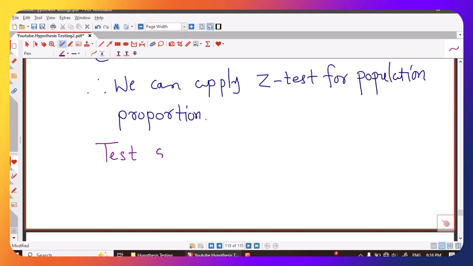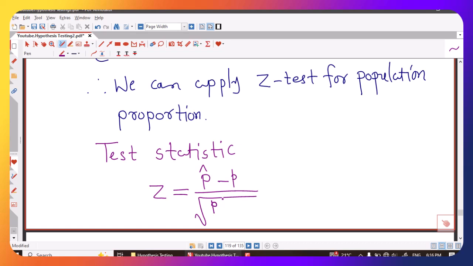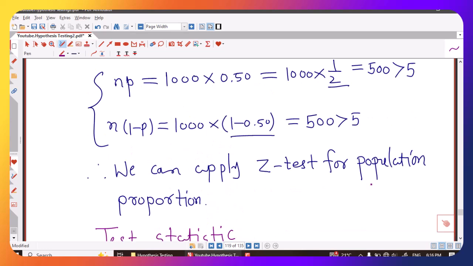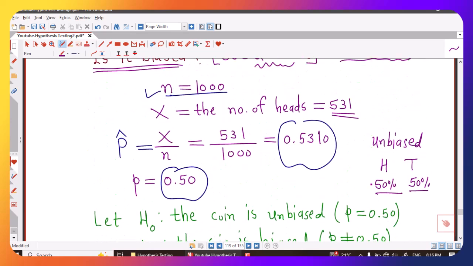For this hypothesis test, the test statistic is given by Z equal to sample proportion minus population proportion, divided by square root of p times 1 minus p divided by n. Sample proportion we have calculated as 0.5310.